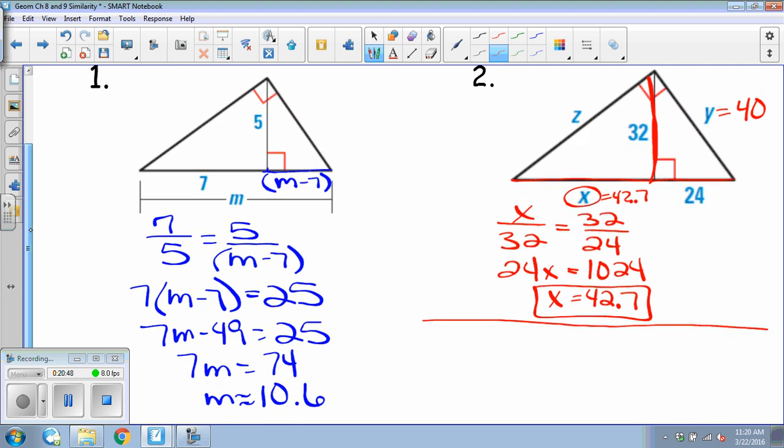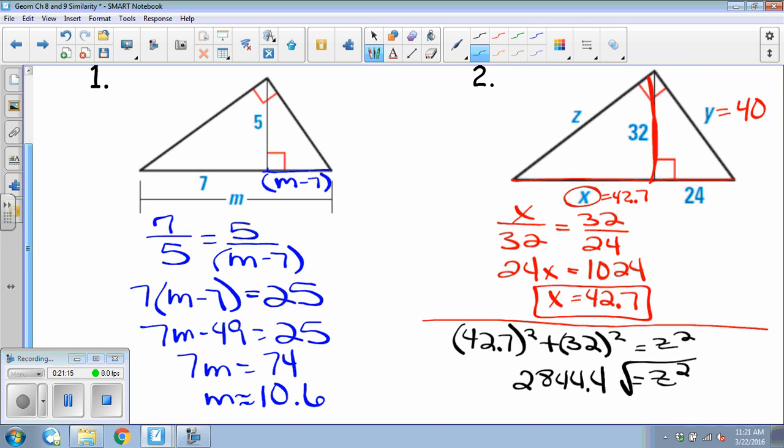Okay? And so to find z, we'll say x, 42.7 squared plus 32 squared equals z squared. And so you end up with, after you square both of those, you get z squared equals 2844.4.